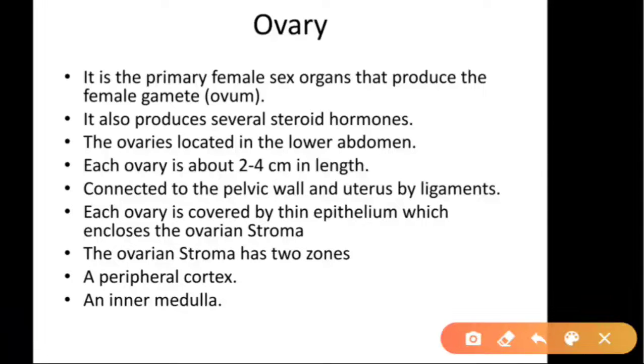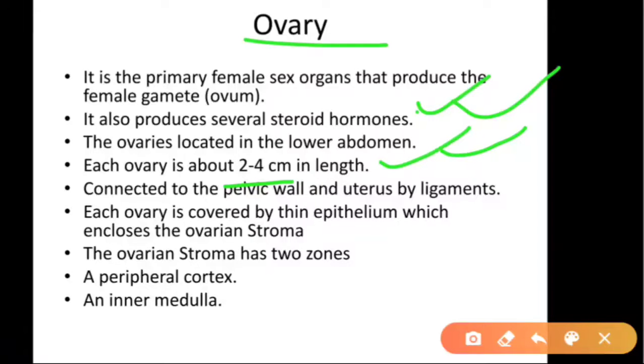Now, as I told you, the ovary is one pair, the primary sex organs. It also produces several steroid hormones. Ovary is located in the lower abdomen. Its length is 2 to 4 centimeters, and it is connected with the pelvic wall and uterus by ligaments.